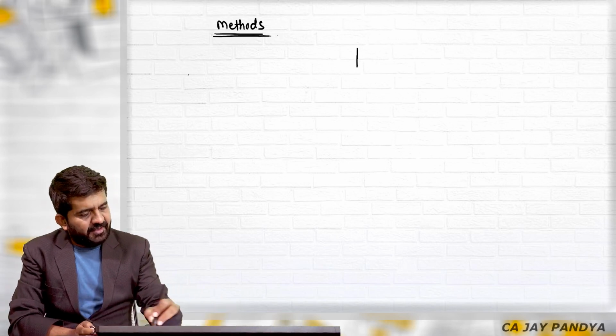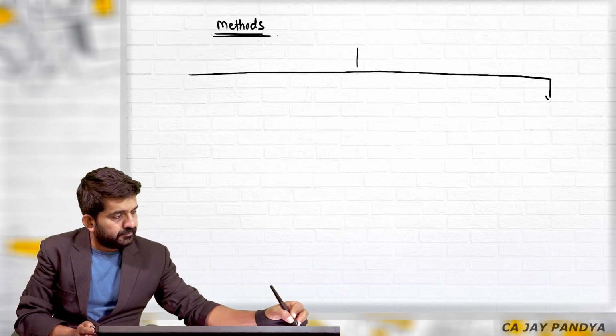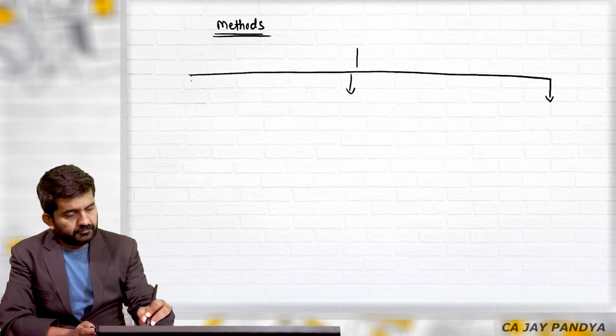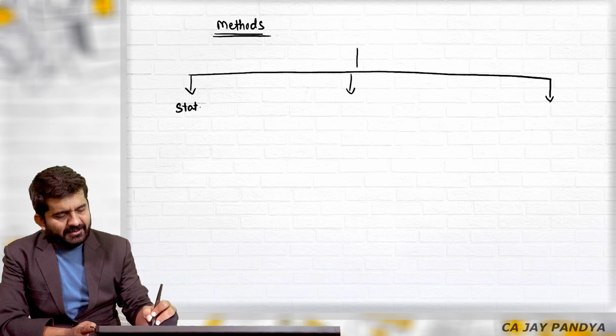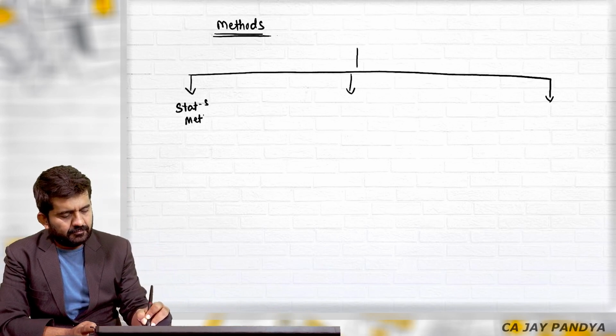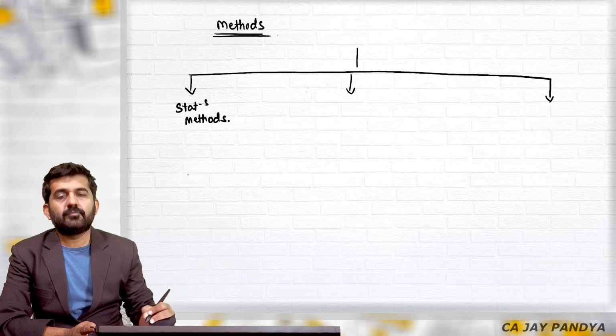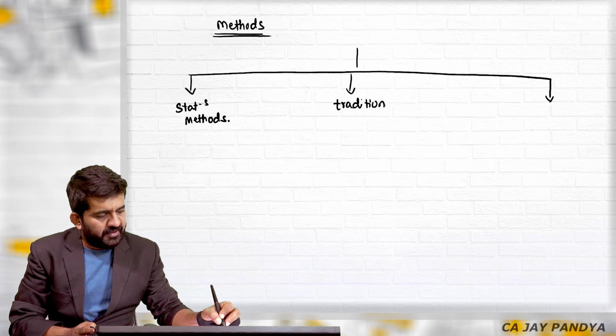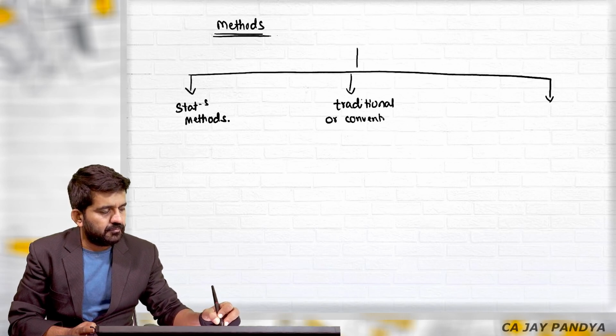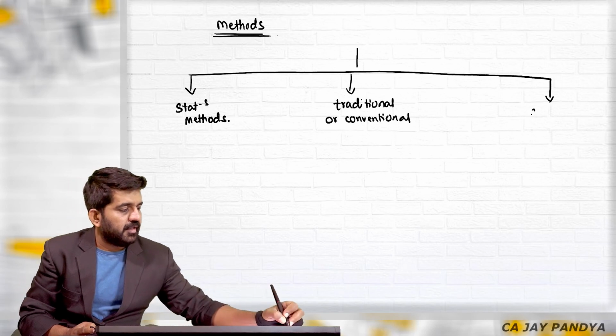Methods are divided into 3 parts. One is statistical method, traditional or conventional method, and other methods.